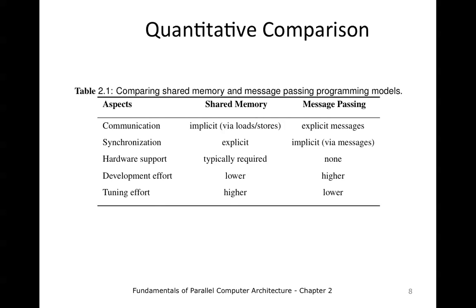So both shared memory and message passing have different characteristics, and therefore, in my opinion, there is no clear winner. The shared memory programming model tends to be used for smaller systems. The message passing programming model is often used for larger systems.